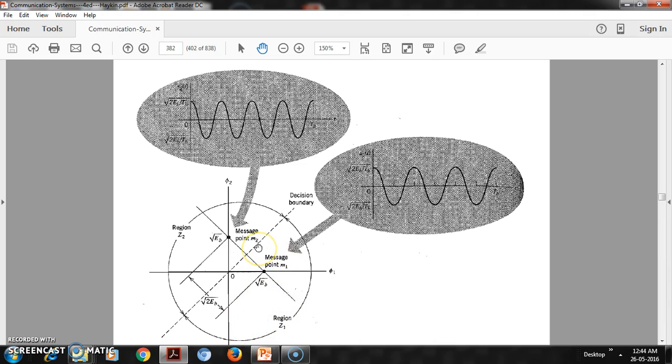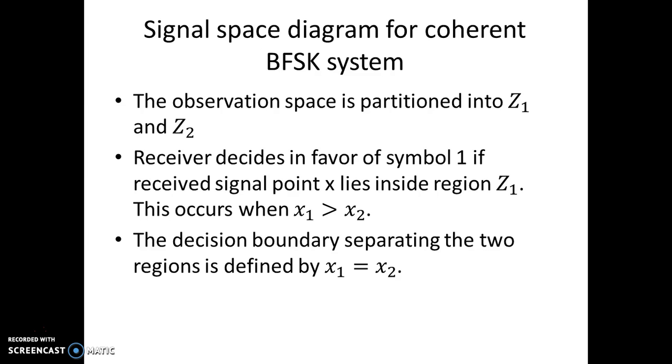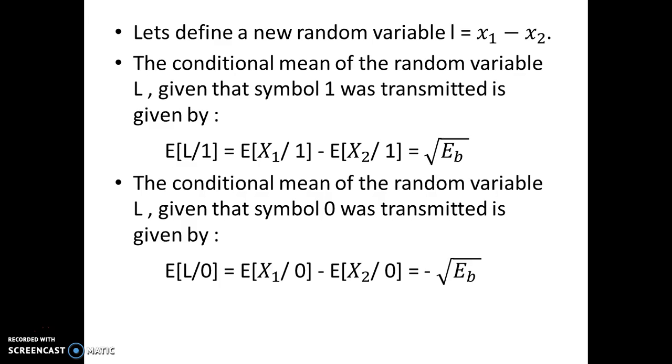And if L is negative, L should lie in this region Z2. This is what I have written, and we define this random variable capital L, where the small l is a sample value from that random variable.